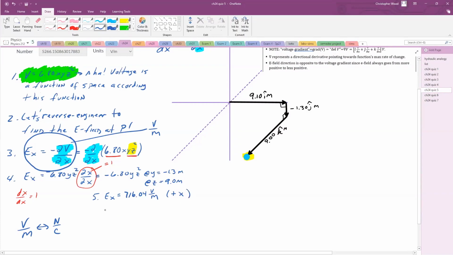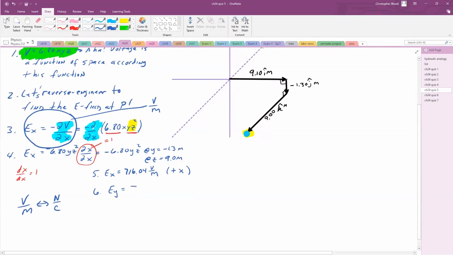Let's do the exact same thing for y and z. So number 6, EY, the electric field in the y dimension, same thing. Let's take the derivative of my voltage function with respect to y, but it's not regular derivatives, it's partial derivatives, which means negative partial with respect to y of my voltage function.